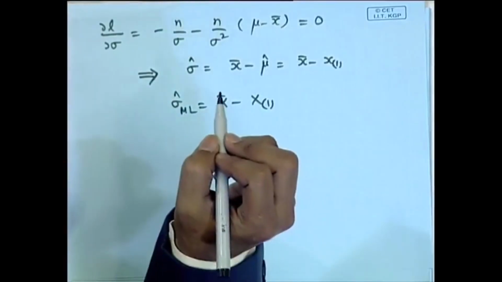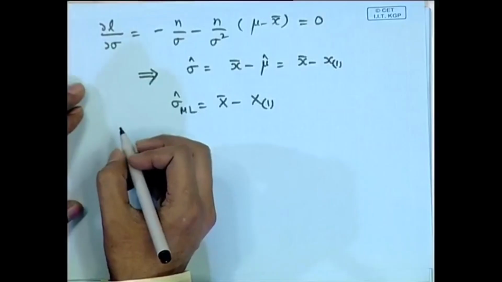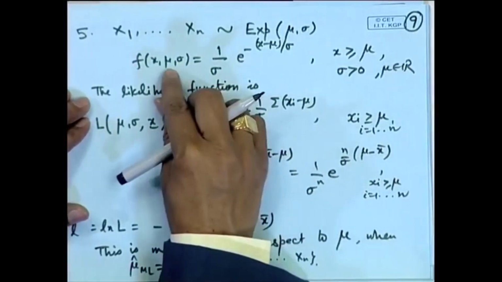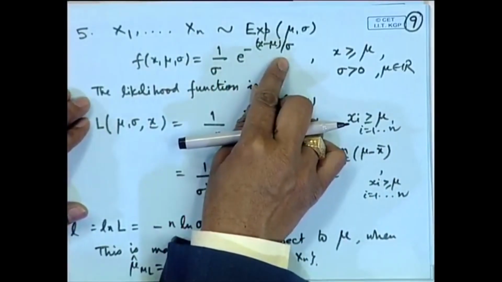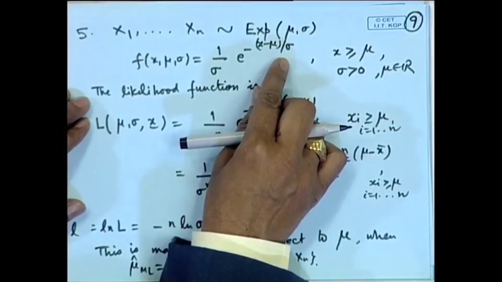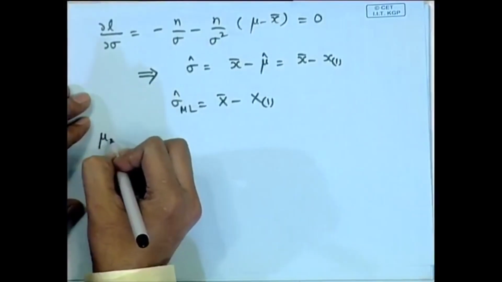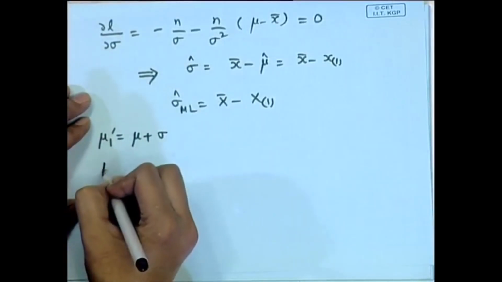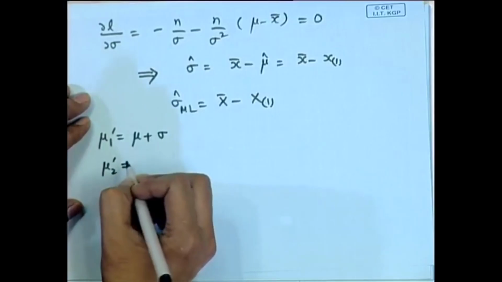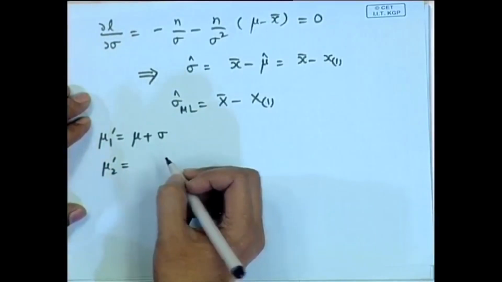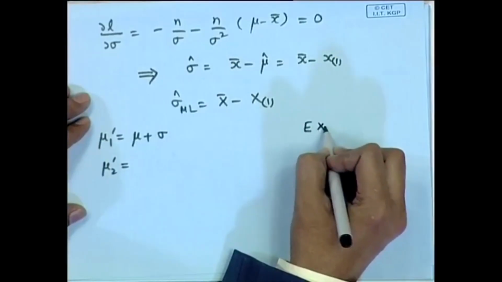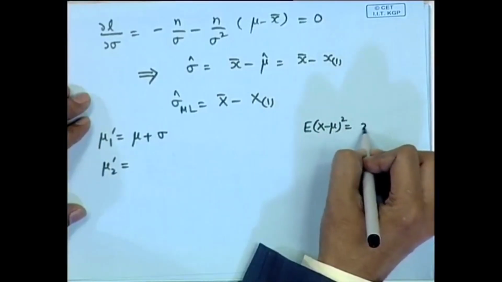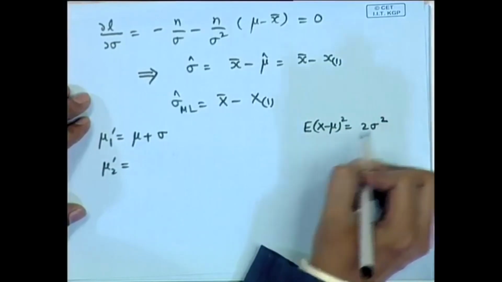Let us see what is the method of moments estimator in this case. To obtain the method of moments estimator, we have to consider the moments of this distribution. Now, here it is a 2 parameter distribution, so I will have to find out the first 2 moments. So, mu 1 prime is equal to mu plus sigma. For mu 2 prime, we can consider a certain transformation: expectation of x minus mu square is equal to twice sigma square.